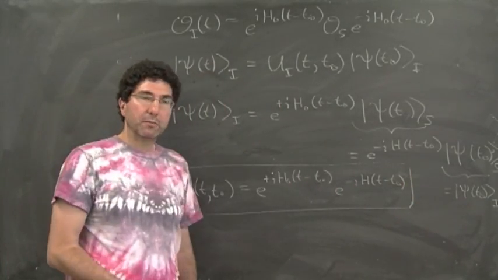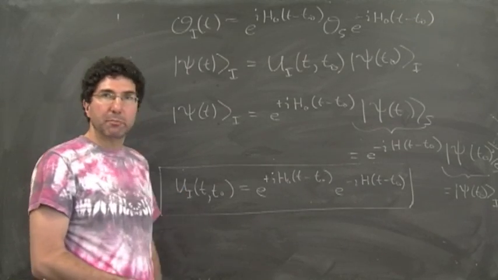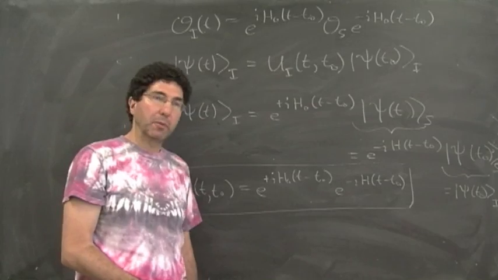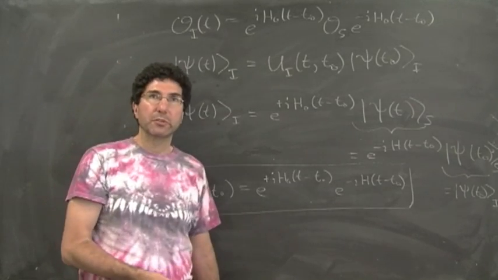So there's a time evolution operator in interaction picture, and it's easy to see that it's unitary because it's the product of unitary operators. The product of unitary operators is always unitary.